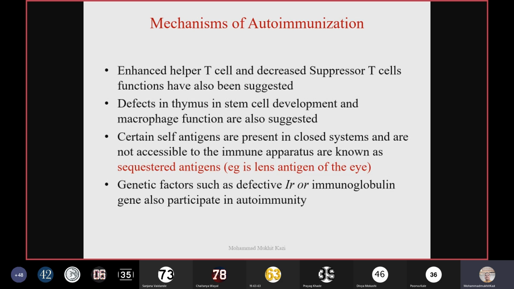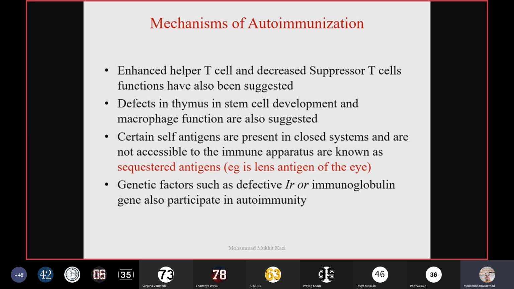But if the helper cell activity increases and there is no activity at all of the suppressor cells, it means that CD4 cells are helping all the time and CD8 cells are not functioning at all. So that also leads to autoimmunity or autoimmune diseases.